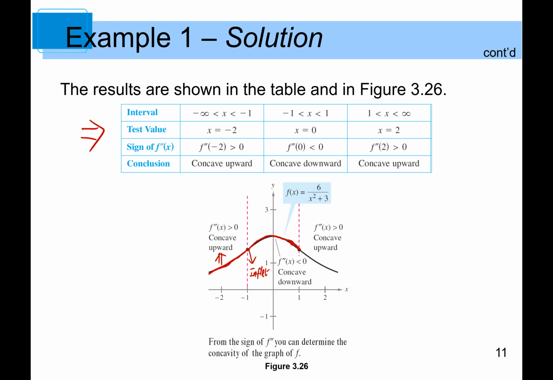We're gonna get to that in a second. And from 1 to positive infinity, again, it's concaving upward. That's another point of inflection. We're gonna get to that concept in a second, but the graph is consistent with our analysis.